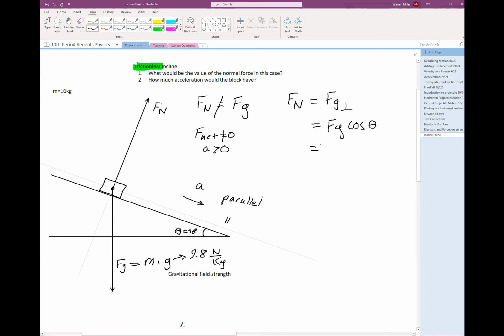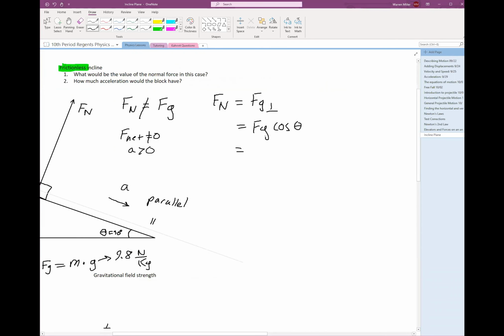So for this case, it'll be Fg, which is m times g times cosine theta. So the mass was 10 kilograms, times g, which is 9.8 newtons per kilogram, times the cosine of 30 degrees.